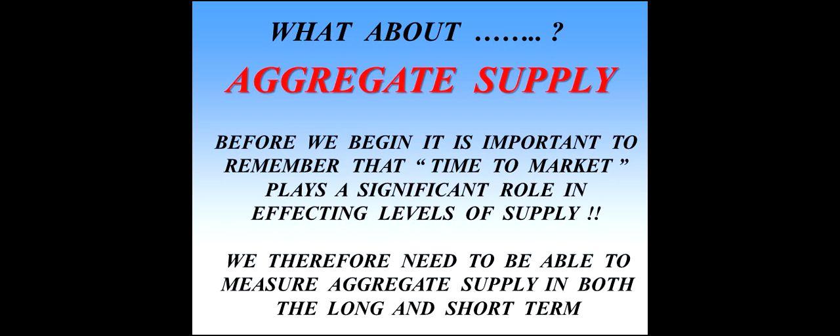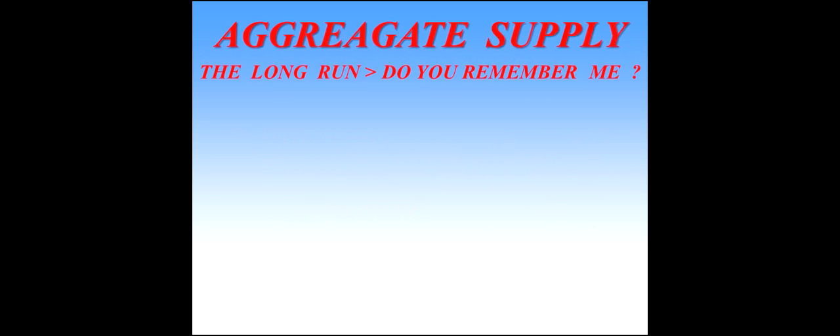We therefore need to be able to measure aggregate supply within an economy in both the long and the short term. So let's start our look at aggregate supply with the long run.